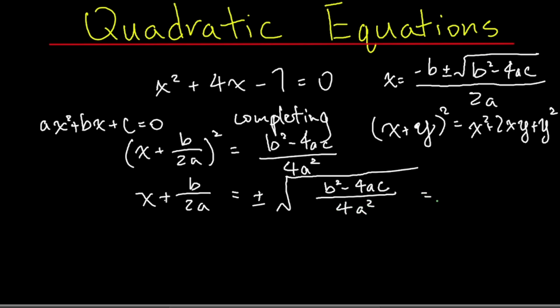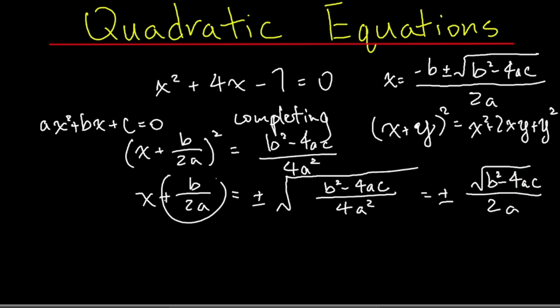Remember the positive negative here, because x + b/2a could be both the positive root or the negative root. So that gives plus minus, we can take the 4a² out of the square root, 2a over the square root of b² − 4ac.